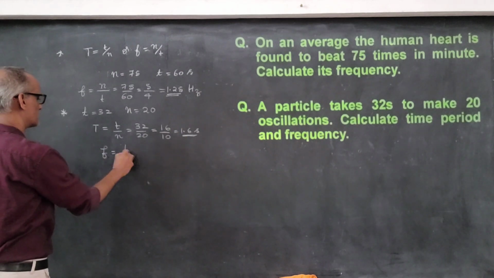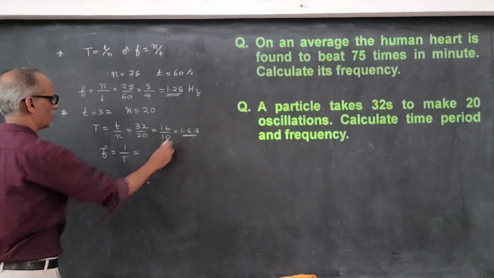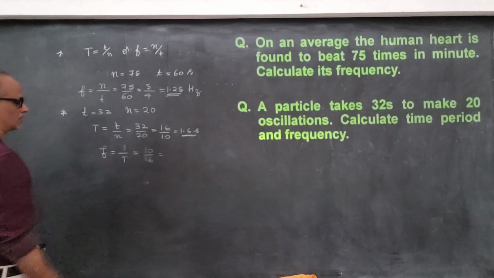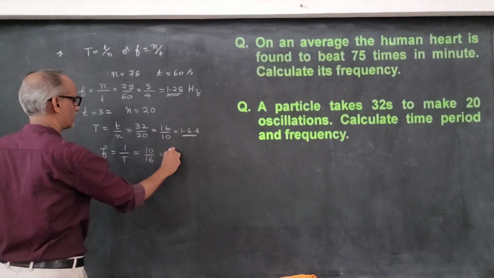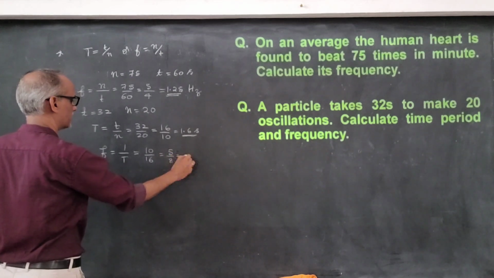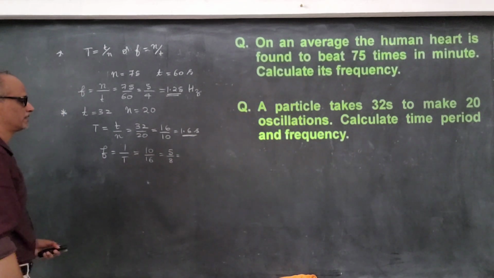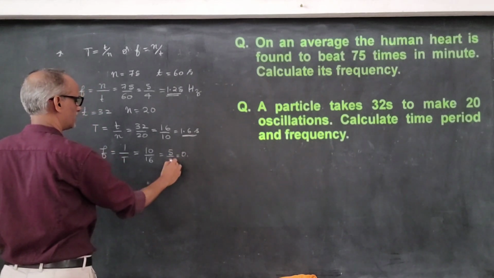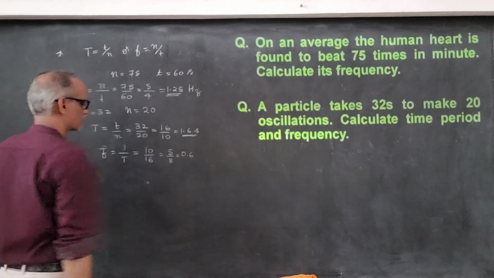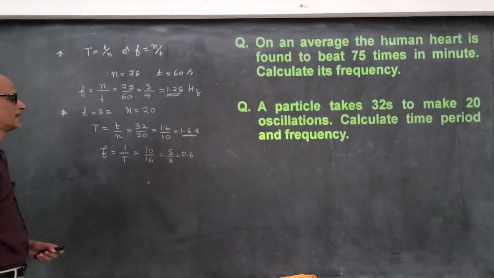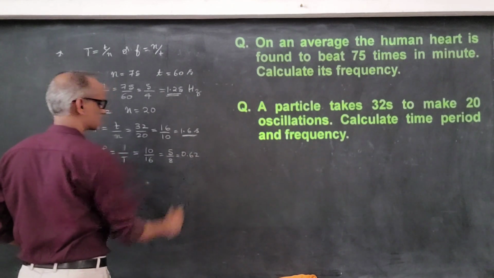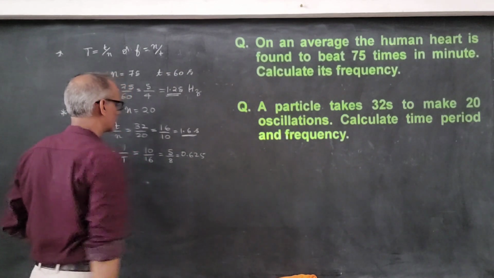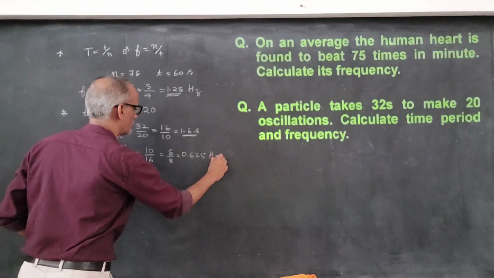Frequency is always the reciprocal of the time period, which is 10 by 16, exactly the opposite, which is the same as 5 by 8. When you divide here, 50 divided by 8: 8 sixes are 48, 20 remains, 8 twos are 16, 4 remaining, then 40, 8 fives are 40, so it's 0.625 hertz, or per second.